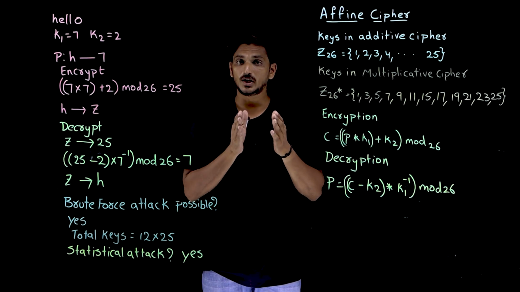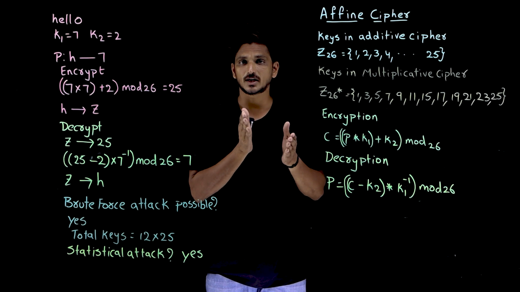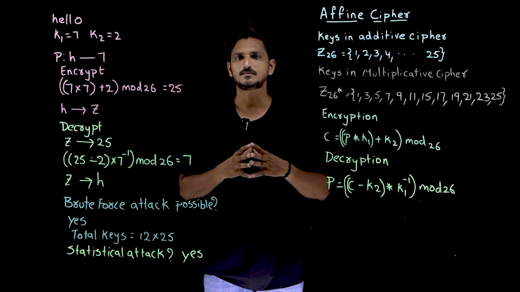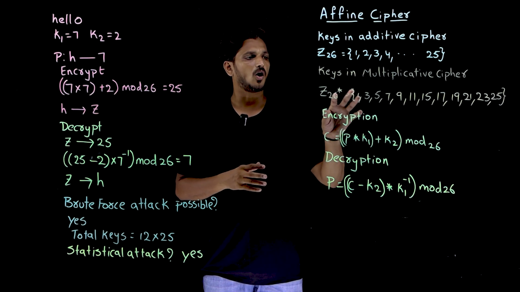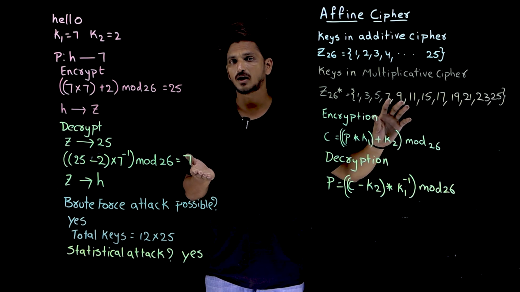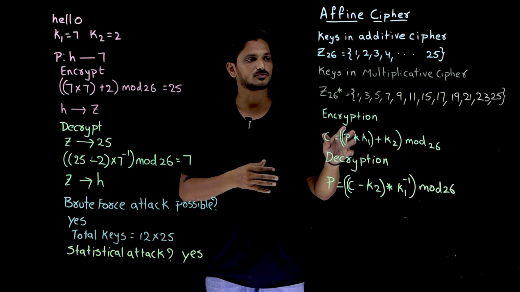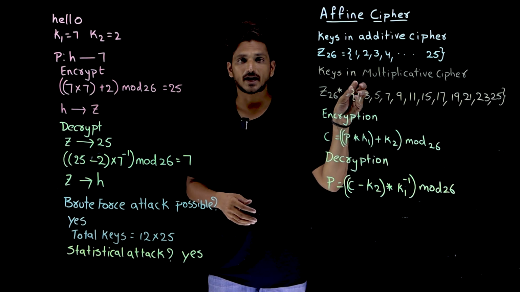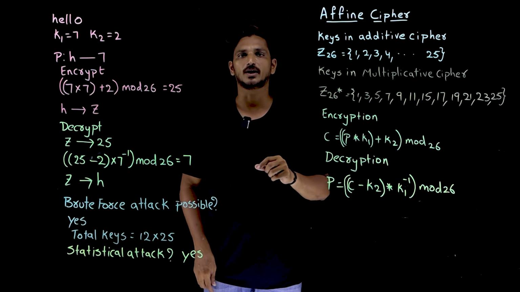Because we need inverse element for each element, then only multiplicative cipher possible. Otherwise it is not possible. All the elements in the Z26 will not contain the inverse element. So that's why only the elements that is having inverse element are acted as a key in multiplicative cipher.